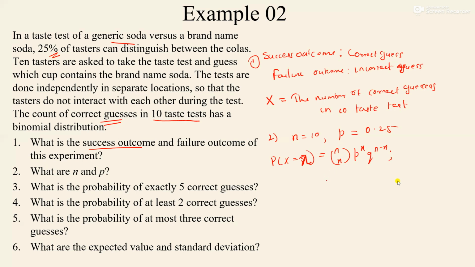From this, your n is 10, p is 0.25, and q is equal to 0.75, to the power n minus x, 10 minus x. The possible values are x equals 0, 1, 2, up to 10.